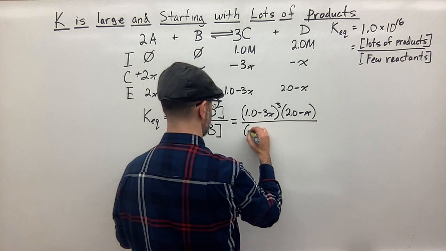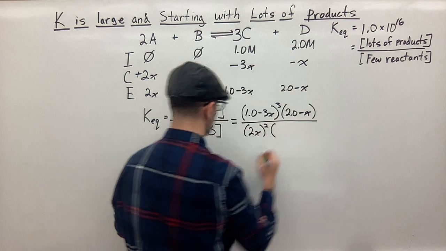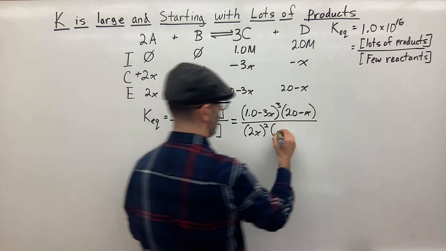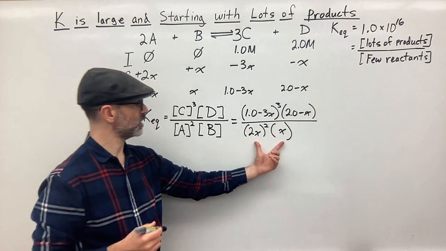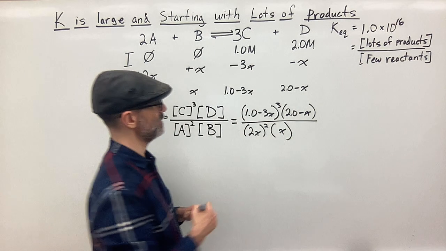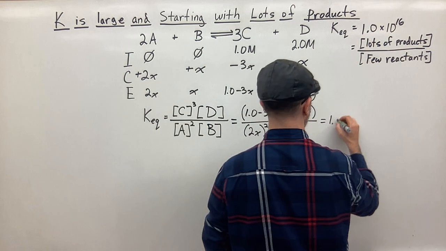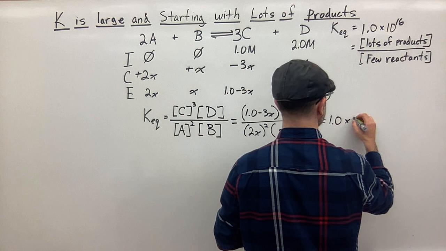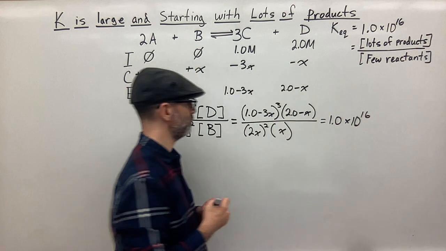So this is going to be 2x squared multiplied by B, which is x. And so there's my equilibrium expression in terms of x. I can set that equal to my Keq. So that's going to be equal to 1.0 times 10 to the 16 power.